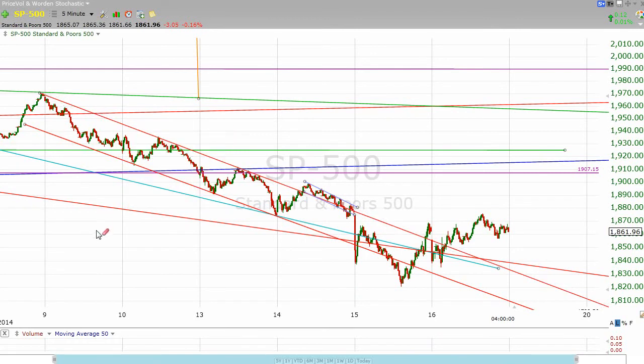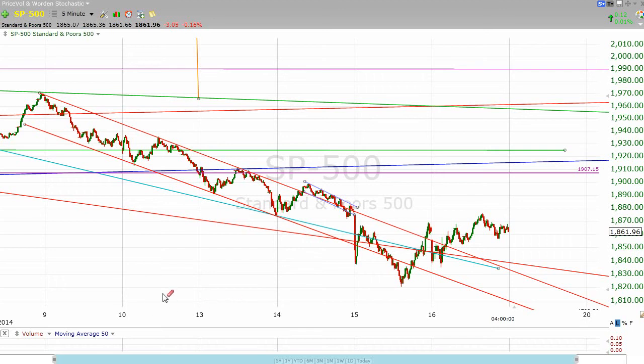And the reason I say it may be is because we know this, and we've talked about it before. Trend lines are broken for one of two reasons: either to reverse or to consolidate and then continue the same trend.